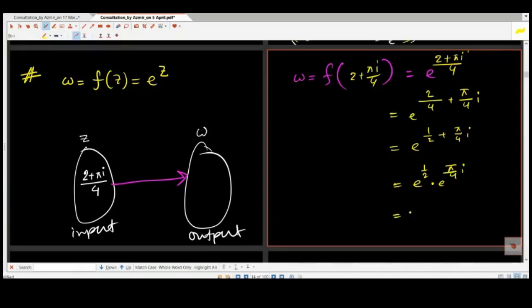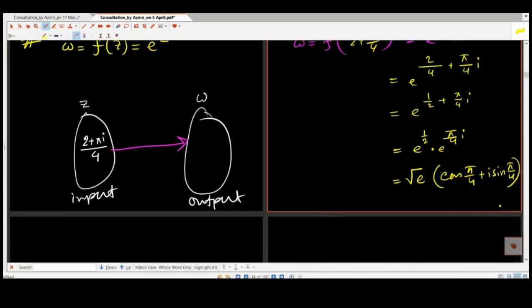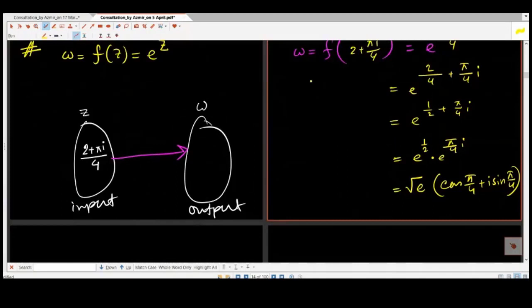So e to the 1 by 2 is the same as square root of e. e to the i theta is cosine theta plus i sine theta, by Euler's identity. And don't forget that on the left side we have w.